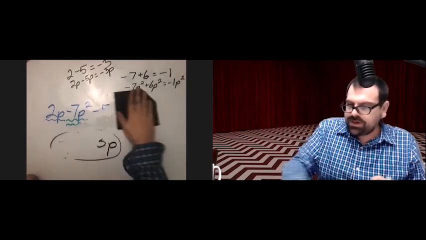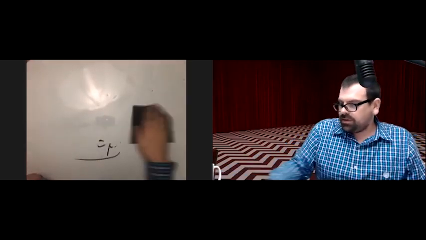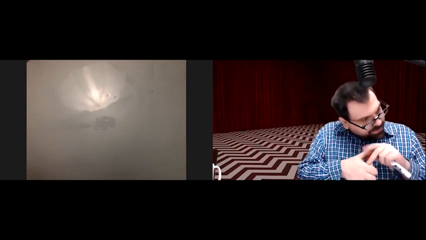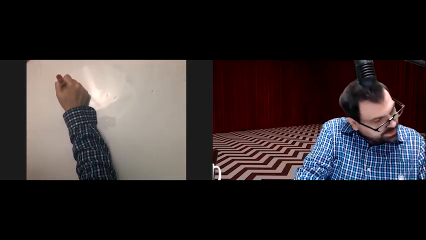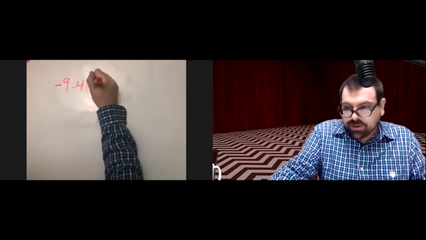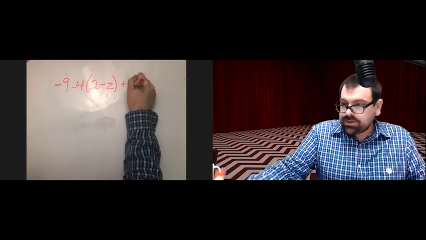Okay, and then we started simplifying with parentheses. And we had to clear the parentheses. Negative 9 minus 4 times the quantity 2 minus z plus 1.